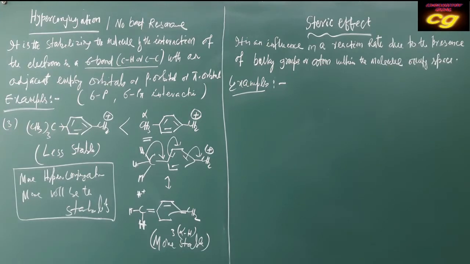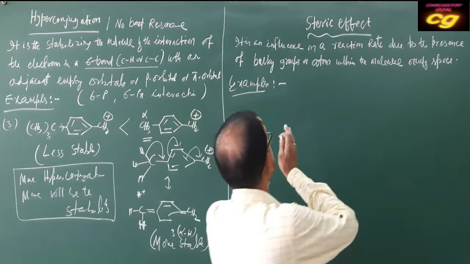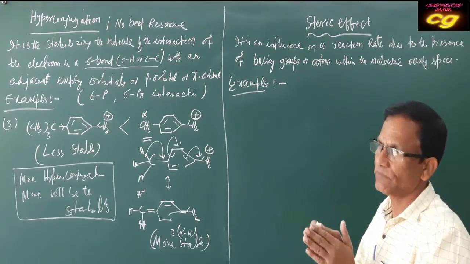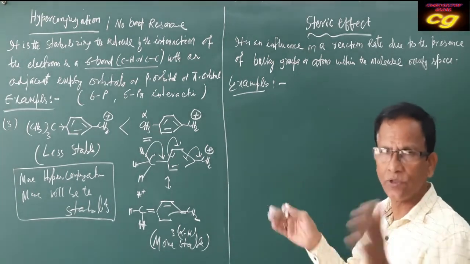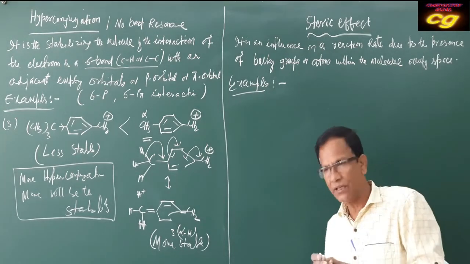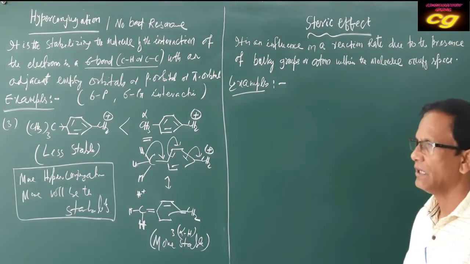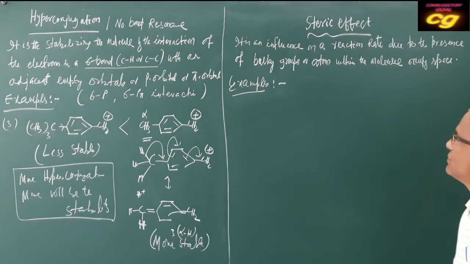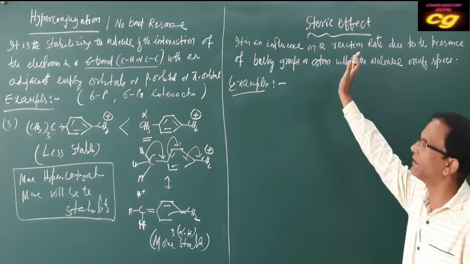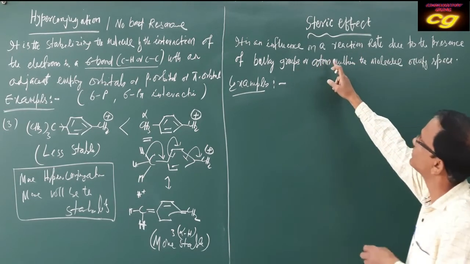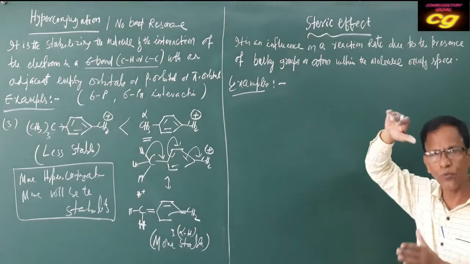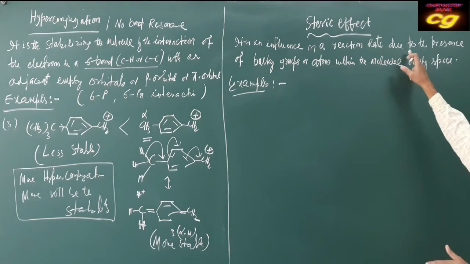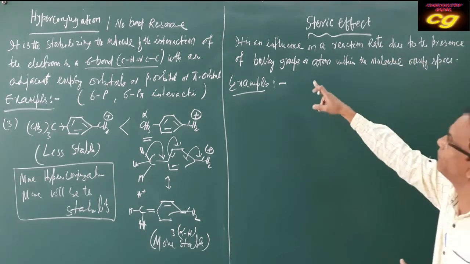What is the steric effect? Steric means bulky. Some bigger size atoms or groups are attached to a particular atom. Then due to the large size, there is unavailability of space to accommodate in the particular atoms; that is called the steric effect. It is an influence on the reaction rate due to the presence of bulky groups.